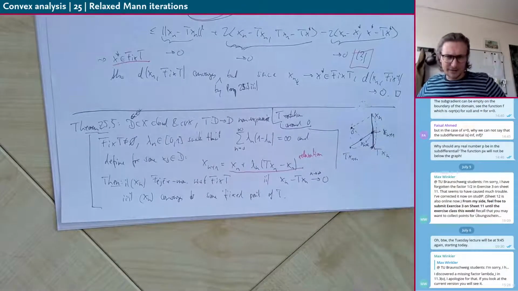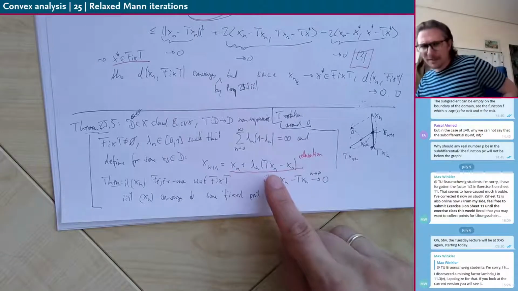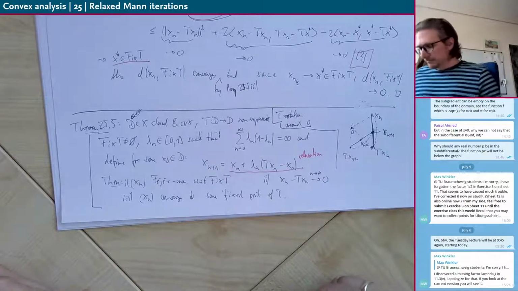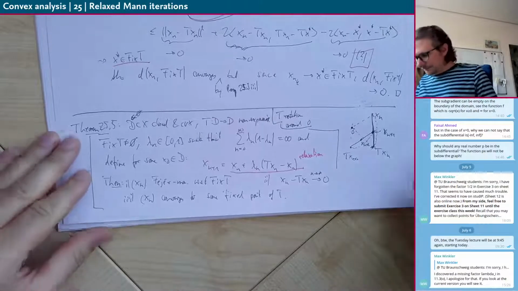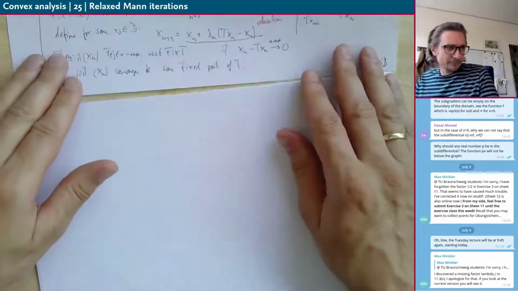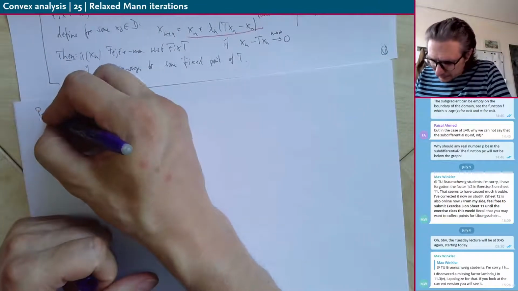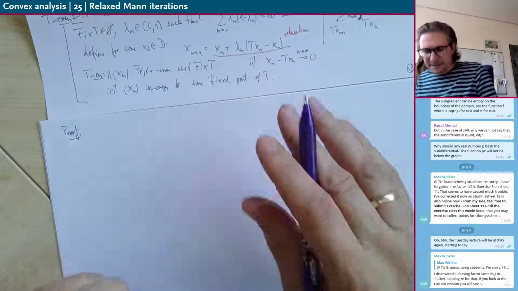We've seen that already in the accelerated descent, but that's a slightly different technique, because here you first do the step and then do the relaxation. Okay, good. So let's prove that.